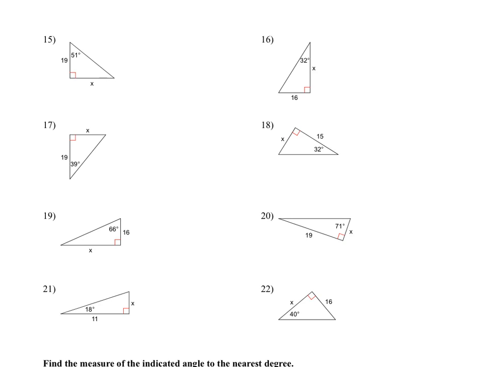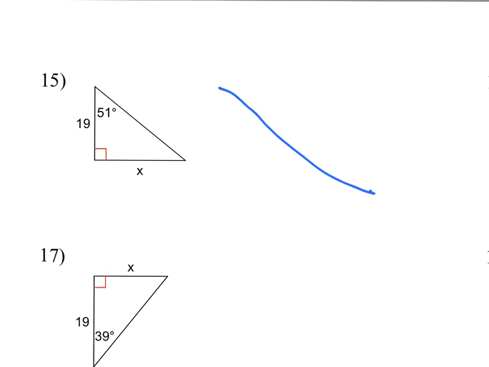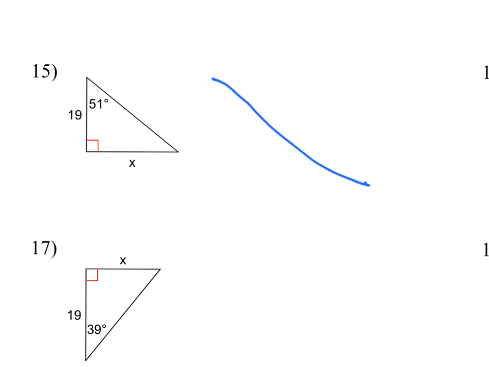Example 1, let's look at 15 to look at one that was like example 1. Here we're going to look at the tangent ratio of 51. That's equal to opposite over adjacent 19. So, get rid of the fraction, multiply by 19.